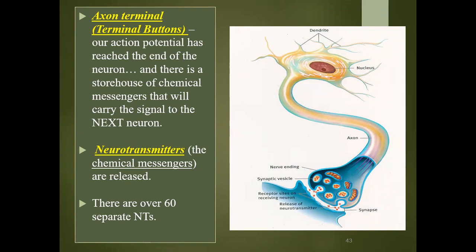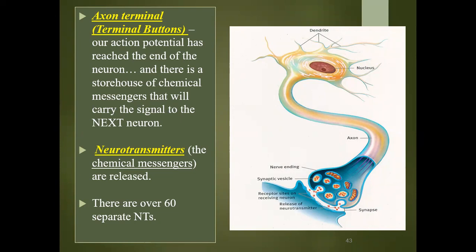So this is where the chemical messengers are being stored. This is really a storage unit at the end of every neuron, and stored within it are groupings of neurotransmitters in these little vesicles, little cups there to hold the neurotransmitters until they are needed. So the action potential has reached the end of the axon.